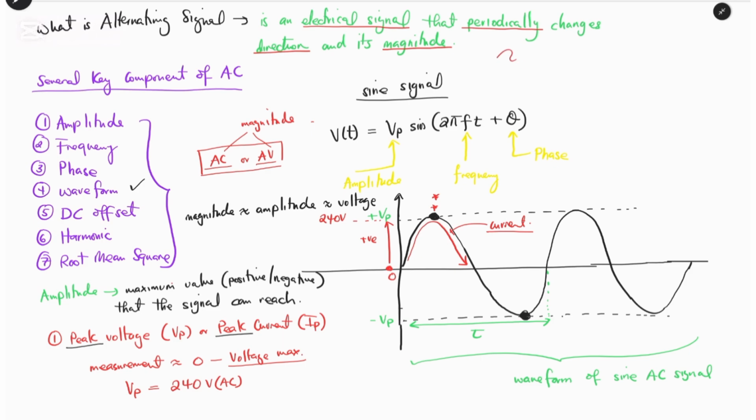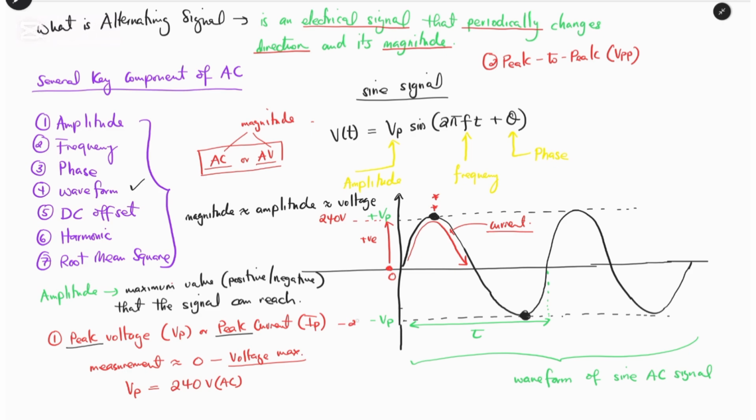The other amplitude representation is the peak-to-peak amplitude, and the notation is given as Vpp. This represents the difference between the maximum value and the minimum value.